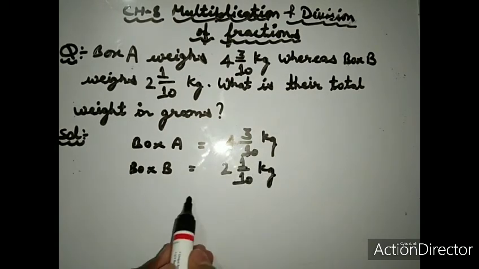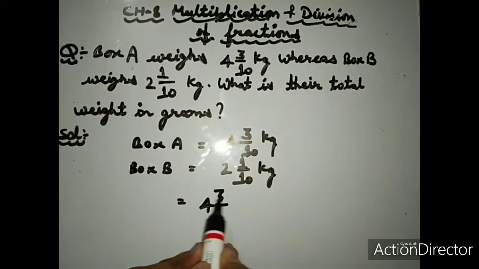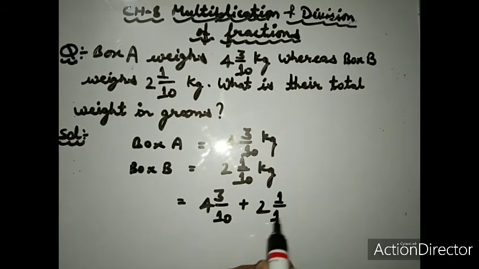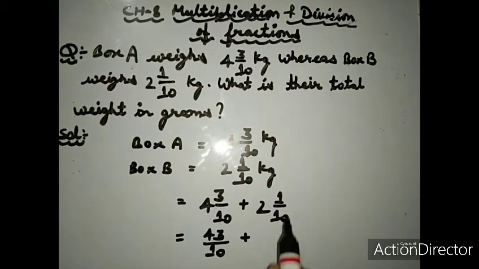Now after that we add these two quantities, so 4 whole 3 upon 10 plus 2 whole 1 upon 10. Right, now we change these mixed numbers into improper fractions. 10 4s are 40 plus 3, 43 upon 10, plus 10 2s are 20 plus 1, 21 upon 10.